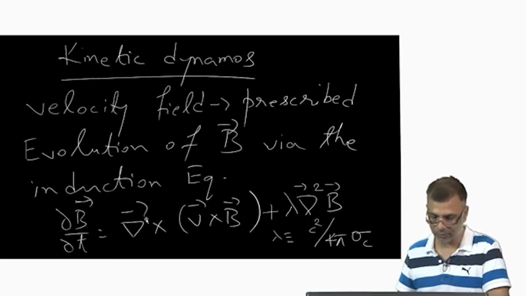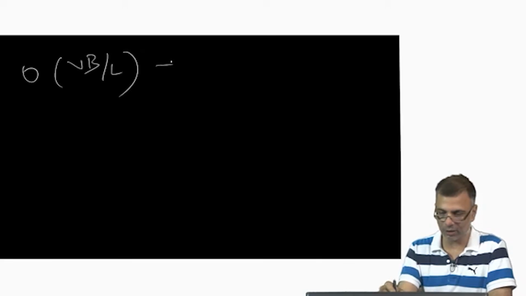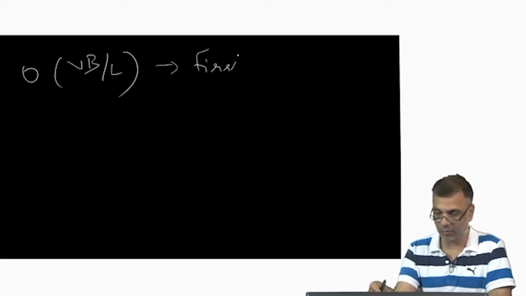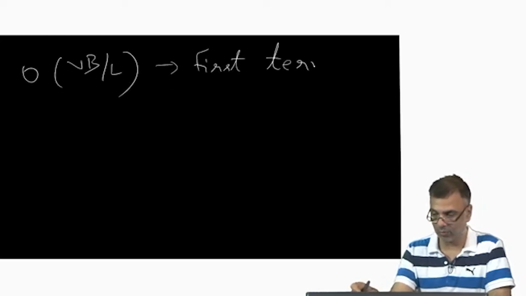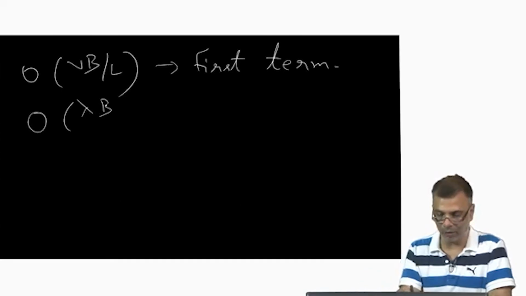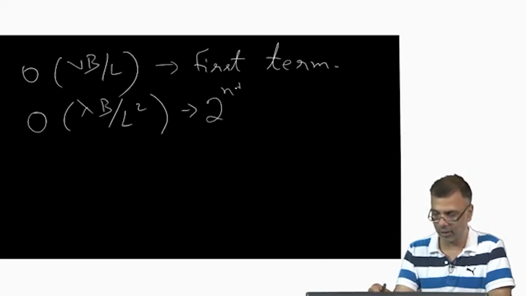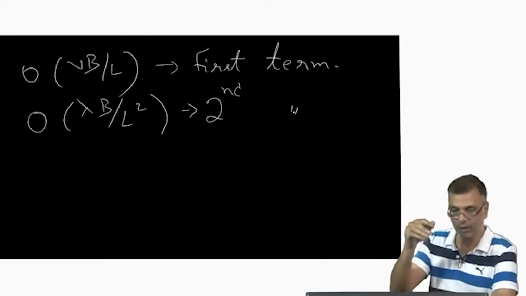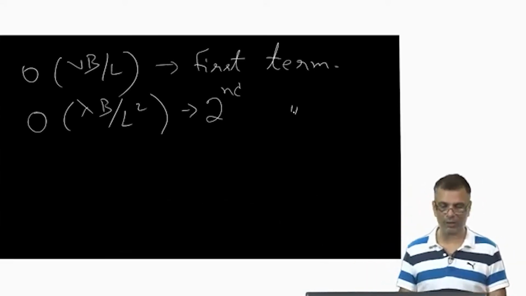The first term in this equation is of the order of VB over L. This is the first term, and the second term is of order lambda B over L squared. And as we know, the ratio of these two terms is the Reynolds number.